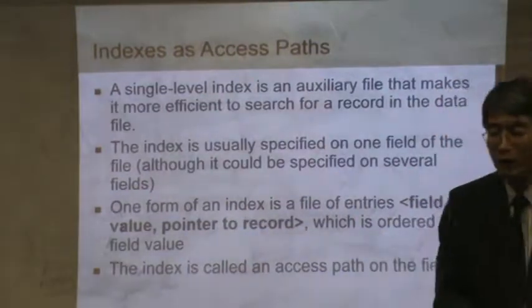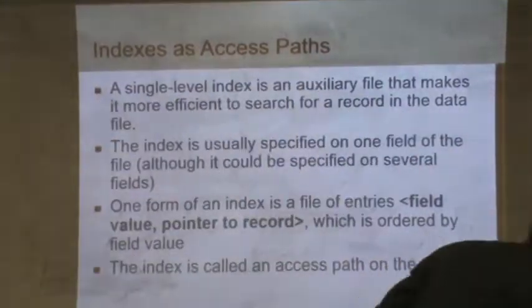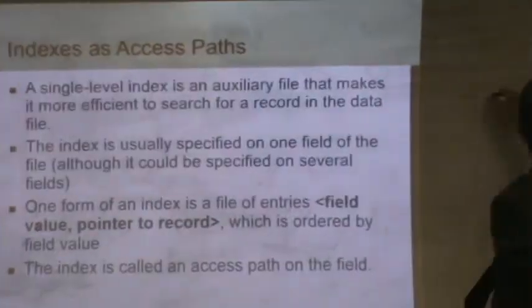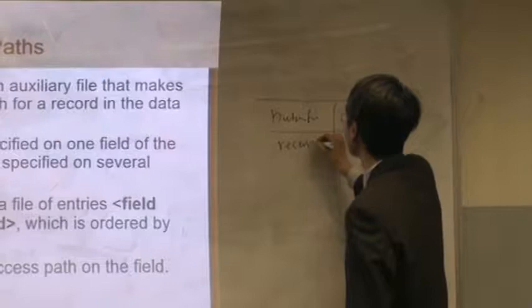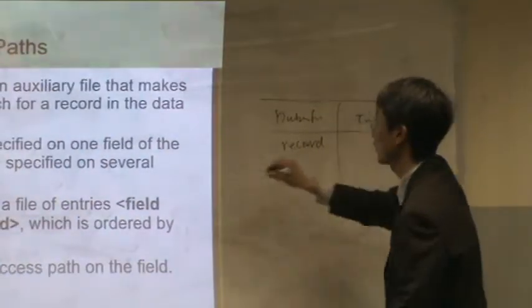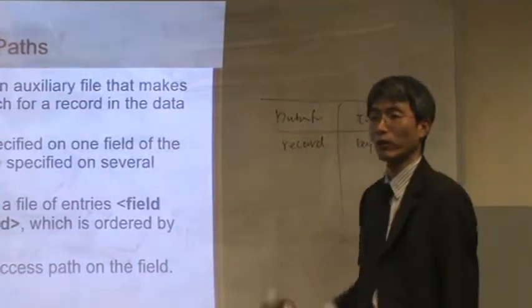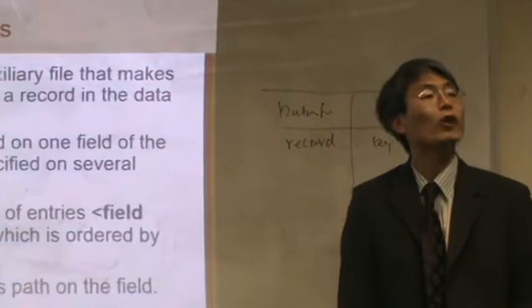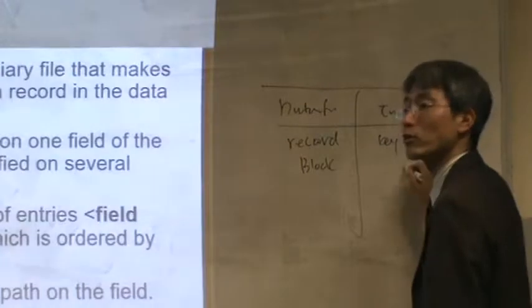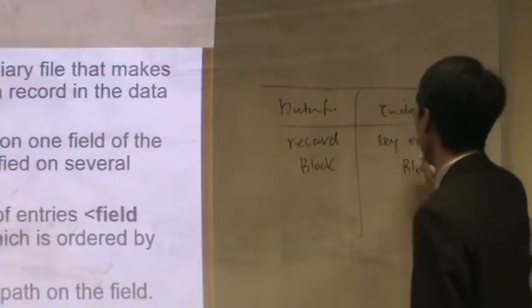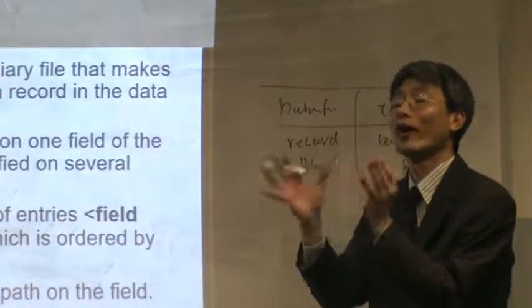So the data file is record by record, but the index file holds index key entries. But what about the basic unit of the physical storage? It's a block. The index also uses blocks. It's a file, based on the number of blocks, but with a different organization and different data.